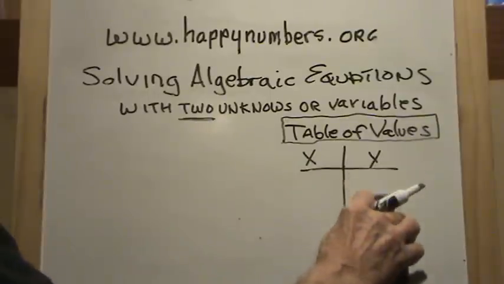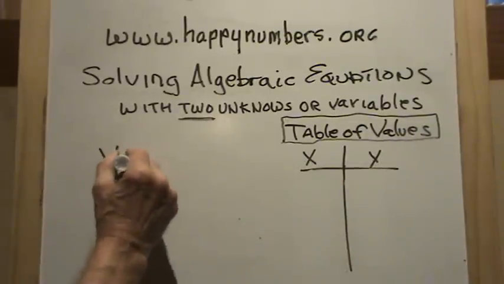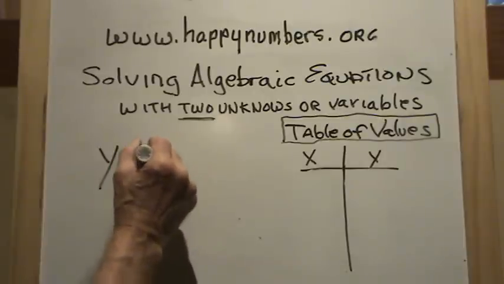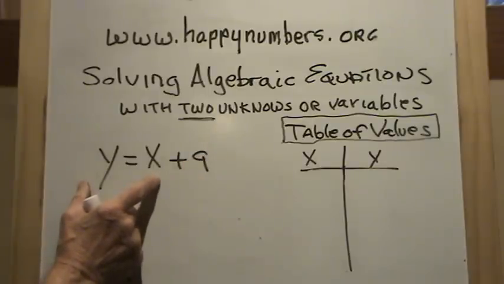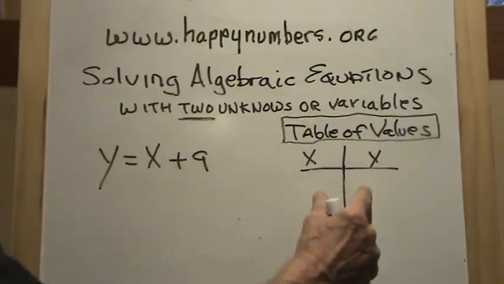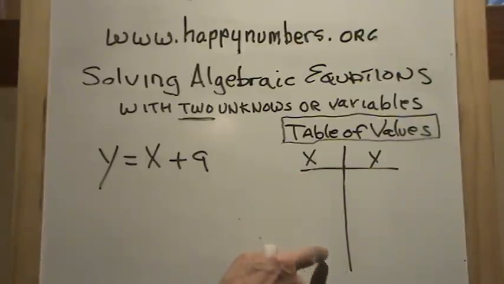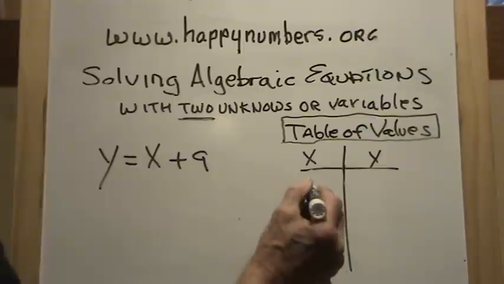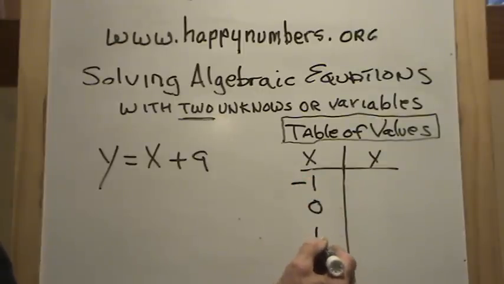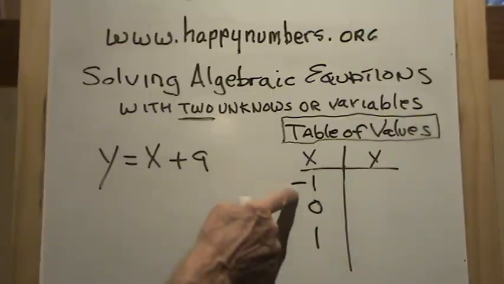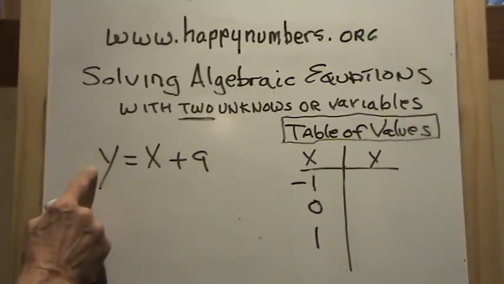Quick review. If we're working with two unknowns, we set up a table, an if-then table. We put values for x. Usually we pick small values, let's say -1, 0, +1. And then we substitute x into our equation, and we figure out what y is.